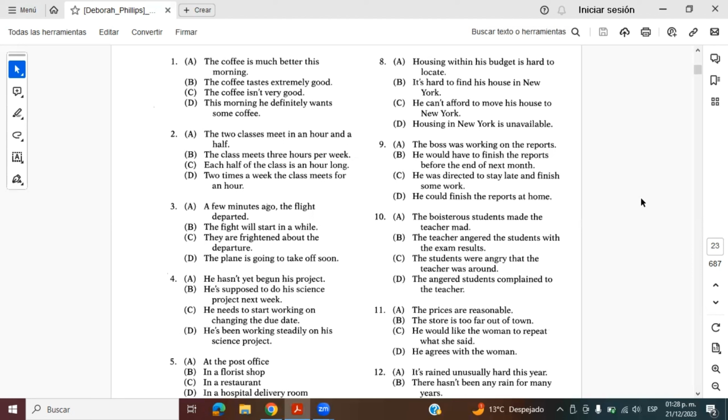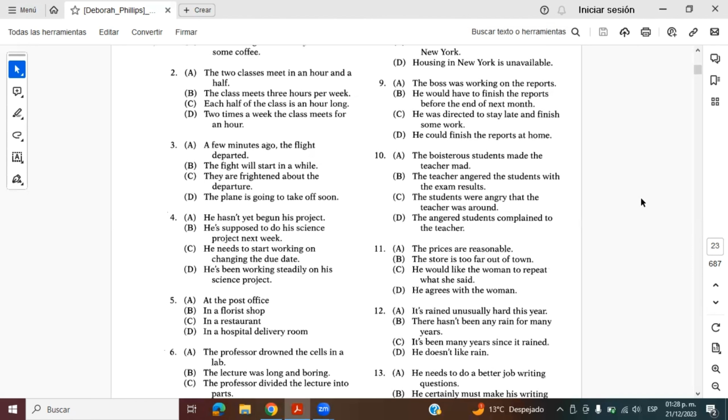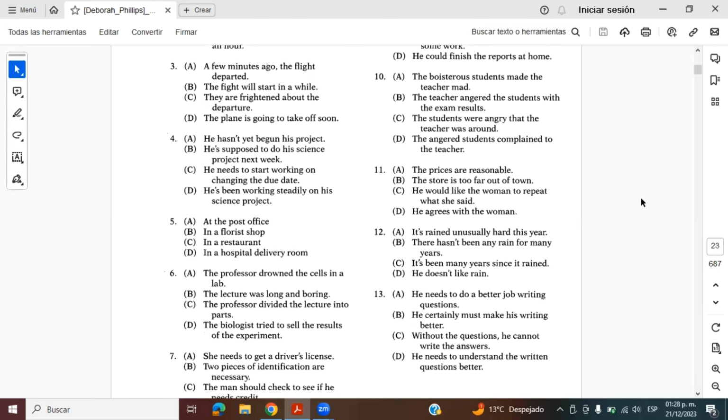Number 4. The science project is due next week. I suppose I'll have to start working on it now. What does the man mean? Number 5. I'd like to order a dozen roses. Do you deliver?